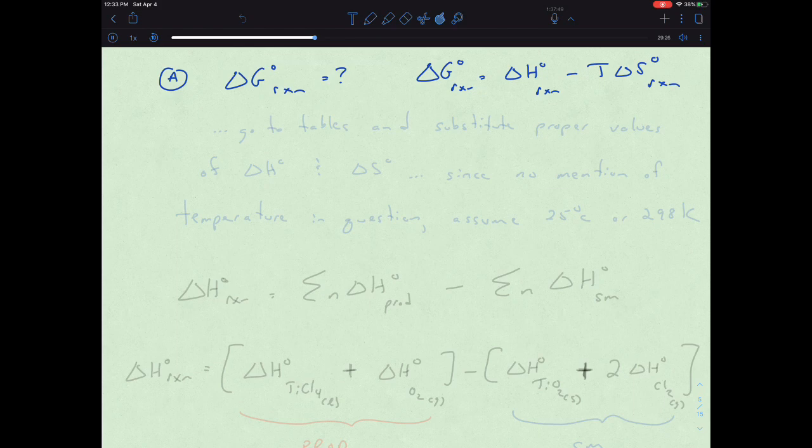So we basically have to go to tables and substitute proper values of delta H and delta S.